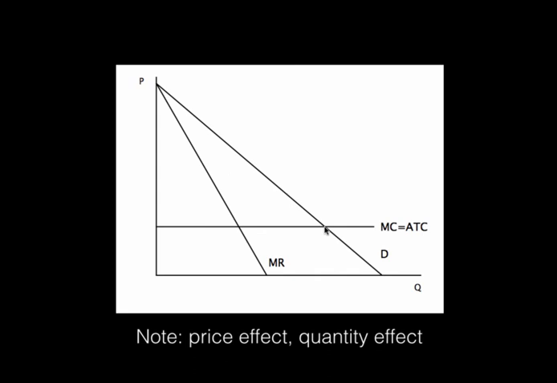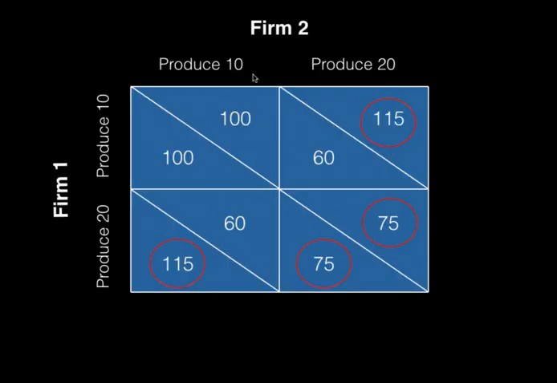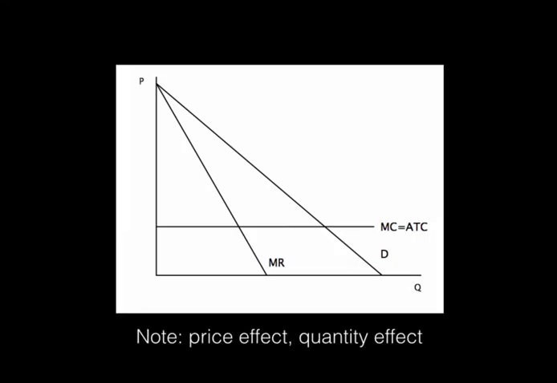Remember, there's no price effect when you have perfect competition. Here we have some price effect if we have a few firms producing, as opposed to that monopoly price effect, which is reflected in this marginal revenue curve. So what we might predict in this kind of simple scenario is that we get somewhere in between that monopoly outcome, the collusion outcome of two firms acting like a monopoly, but not quite all the way to perfect competition.